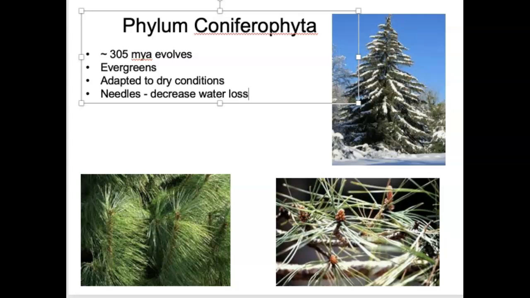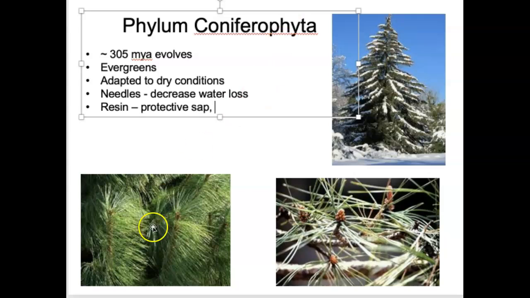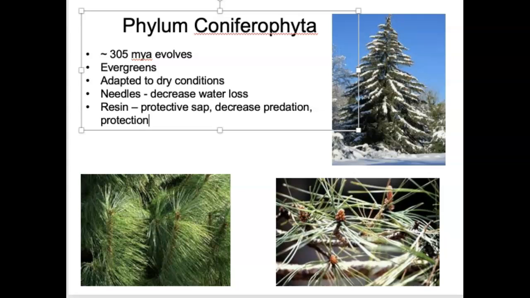When we look at protection, they will produce resin, or we could call it a protective sap. That sap helps decrease predation and offers a certain degree of protection.